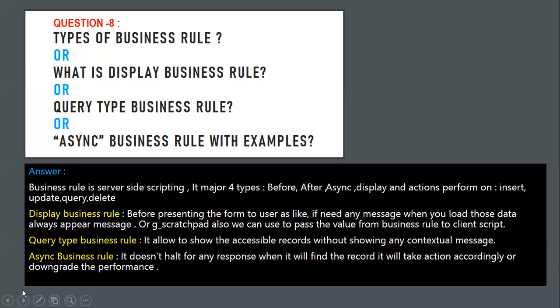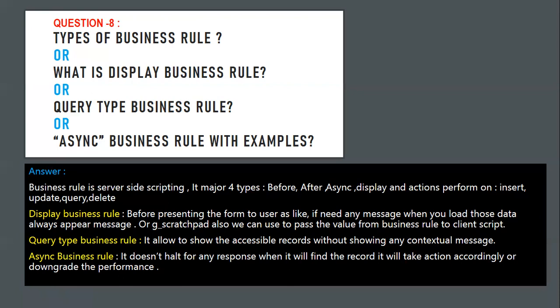A query type business rule allows you to show only the accessible records without showing any contextual message. When you are using an ACL, a contextual message is shown.